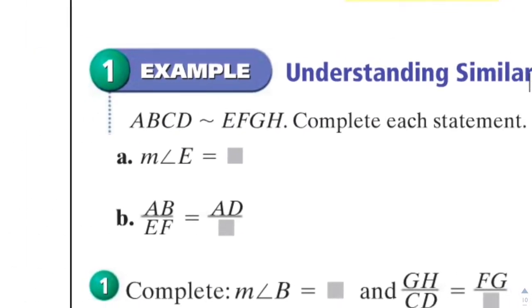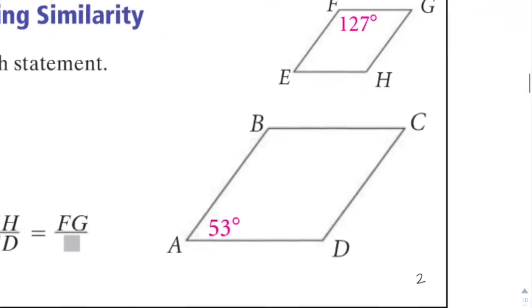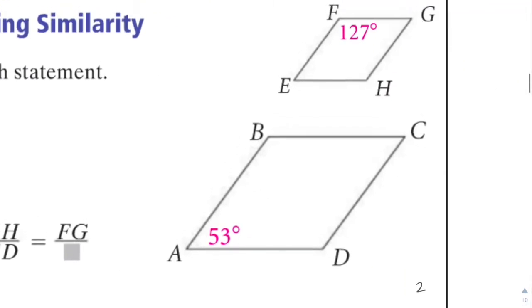So angle A is congruent to angle E, angle B is congruent to angle F, angle C is congruent to angle G, and angle D is congruent to angle H. So I'm going to go right now and just fill those in. So A and E, so that's 53 degrees here. B is going to be 127 degrees.